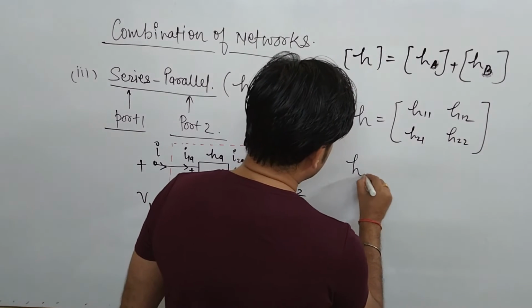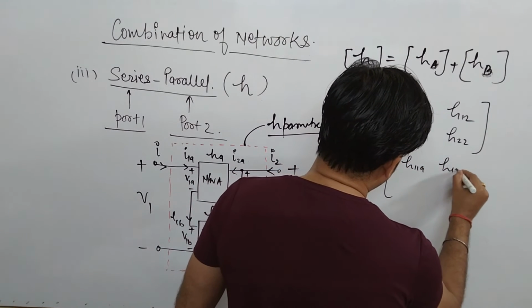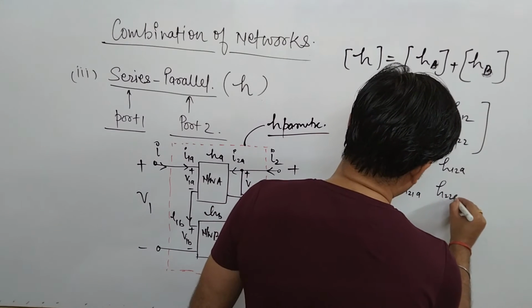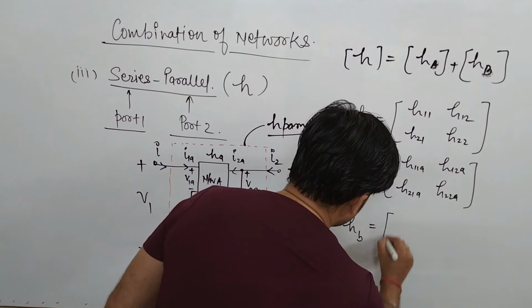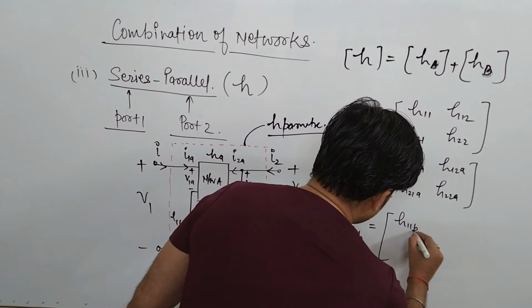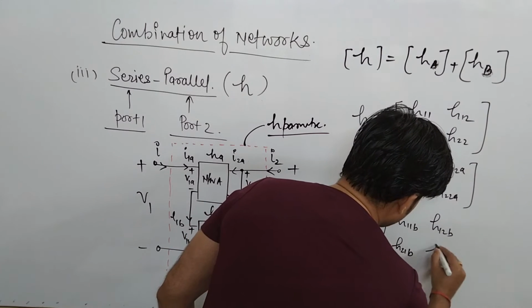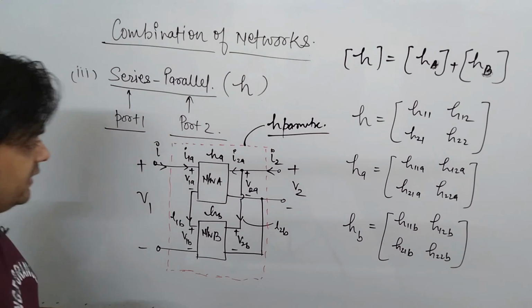If you talk about HA, that comes to be H11A, H12A, H21A, H22A. If you talk about HB, that comes to be H11B, H12B, H21B and H22B, and they simply get added.